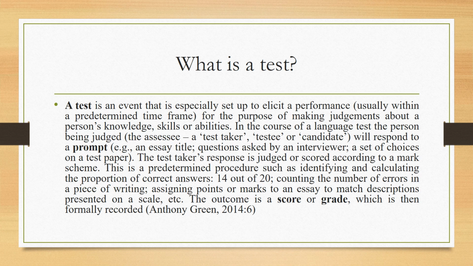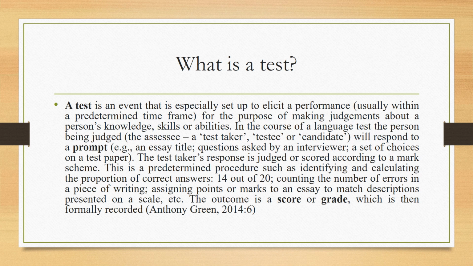For example, you write 14 out of 20. What do we call this? We call this a score or grade, which is then formally recorded. And of course you should have a formal record in which you write down the score that each of your students has got in the test you have made for them.